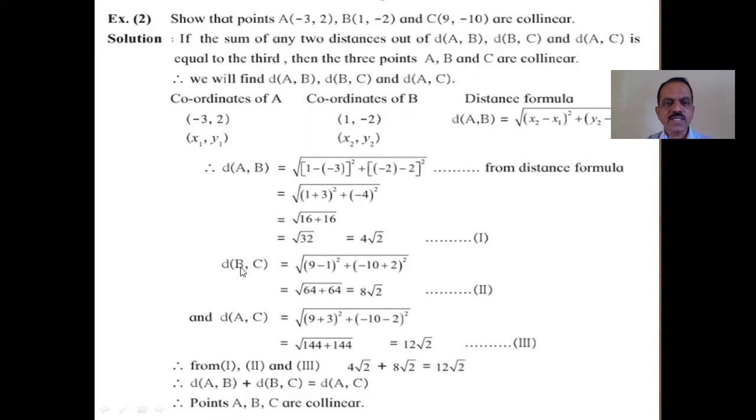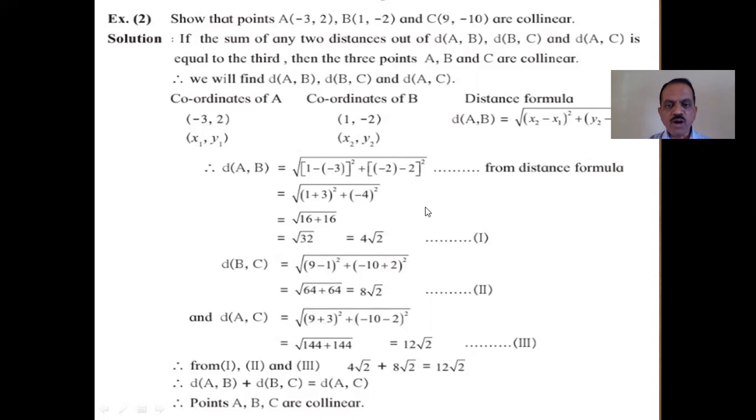Then we find the second distance BC. We substitute the values of points B as well as C, and we get the distance BC equal to 8 root 2. And now the next is AC, the third segment. We find the distance, substitute the values of the coordinates, and we get the distance AC equal to 12 root 2.